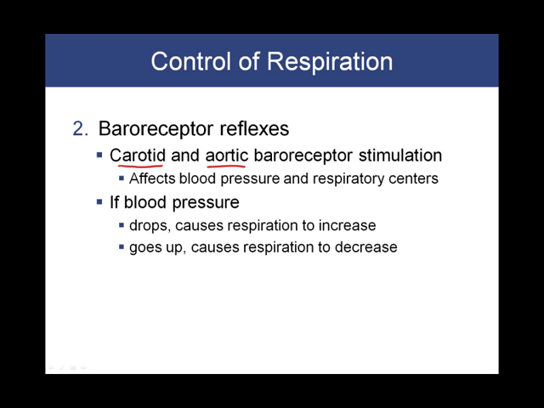Those baroreceptors do affect blood pressure. They also have an effect on respiratory rates. If blood pressure drops, that causes respiration to increase, apparently to compensate for that drop in blood pressure and drop in blood flow. If blood pressure goes up, that causes respiration to decrease.